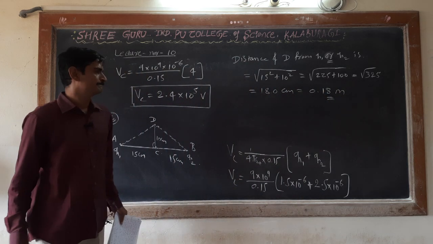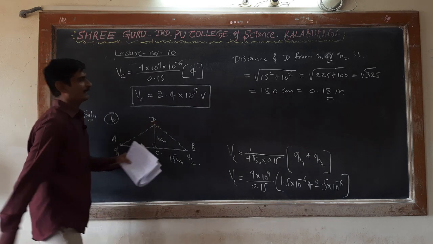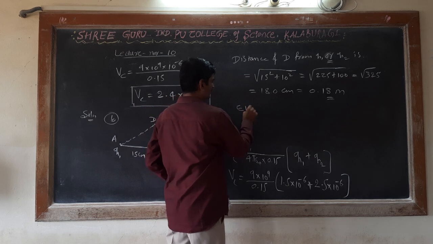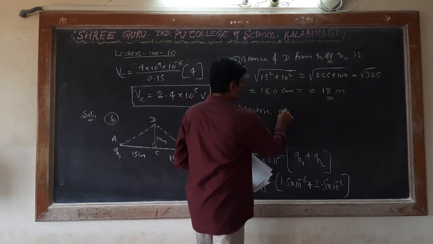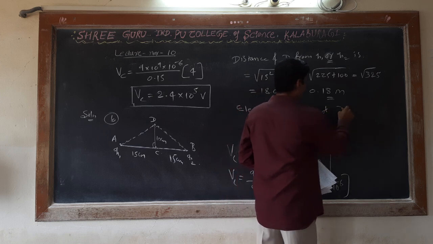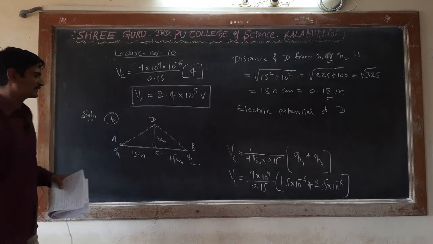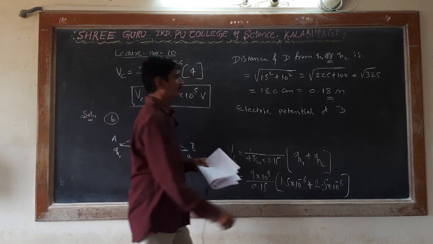Okay. So now we want the electric potential at the point D. Electric potential at D, due to both the charges Q1 and Q2.